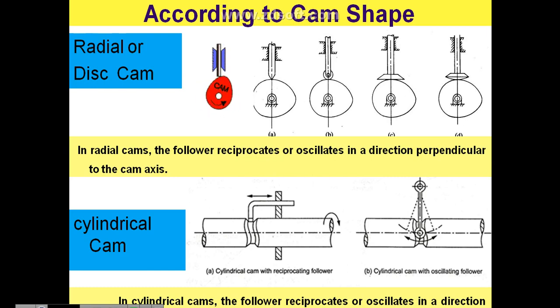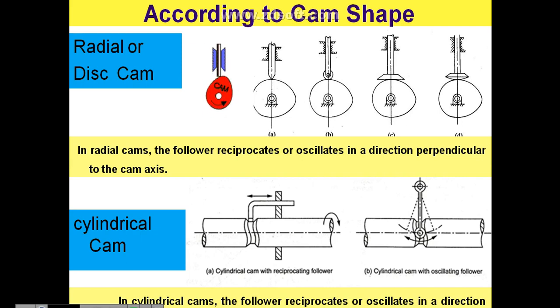The groove looks like a zigzag. Okay. So the follower suspended in the groove is going to move left and right. When the cylindrical cam rotates about its axis, the follower is going to move left to right or right to left.